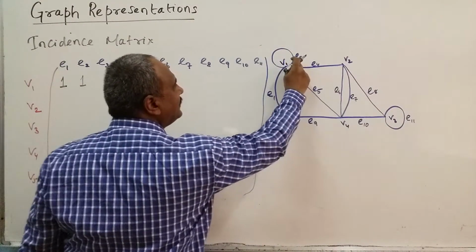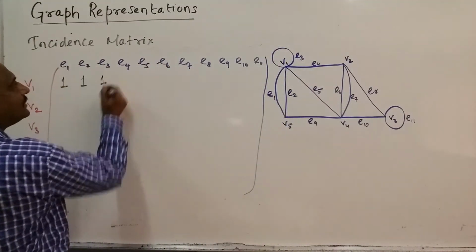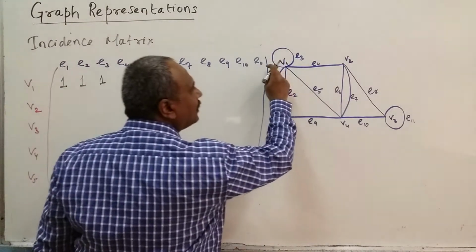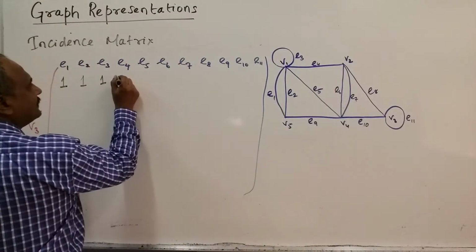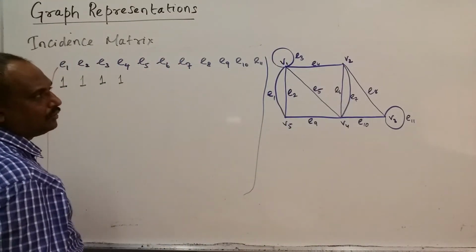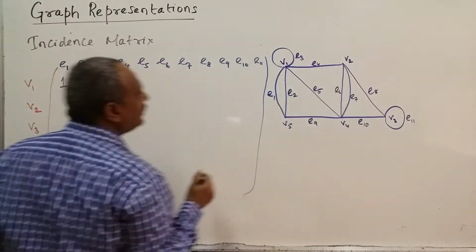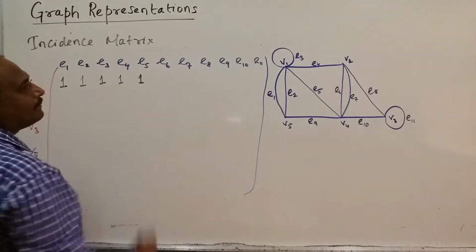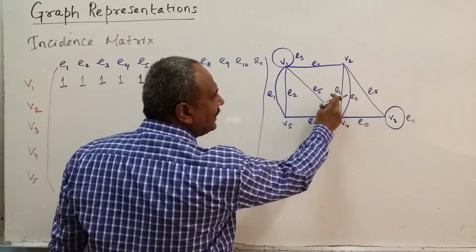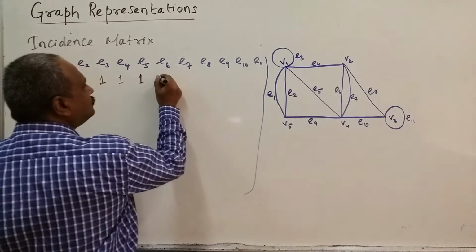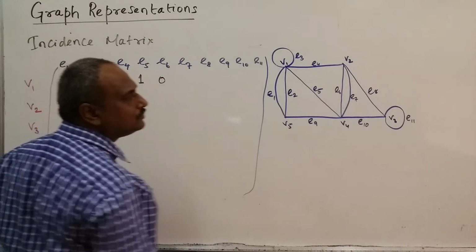V1, E3, yes, they are intersecting. V1, E4, yes, E4 is going through V1. When I take E5, again E5 is going through V1. But when I take E6, this is away from V1, so I am going to take 0.